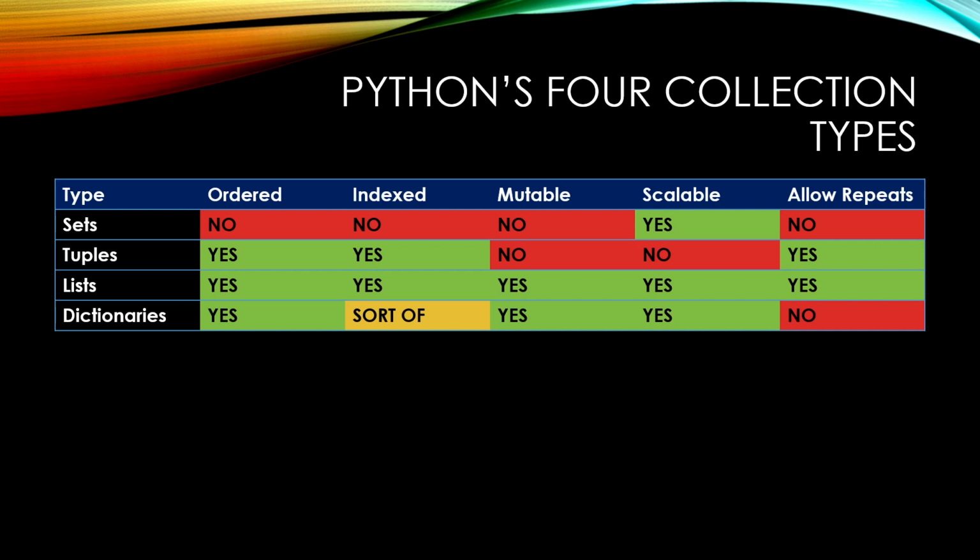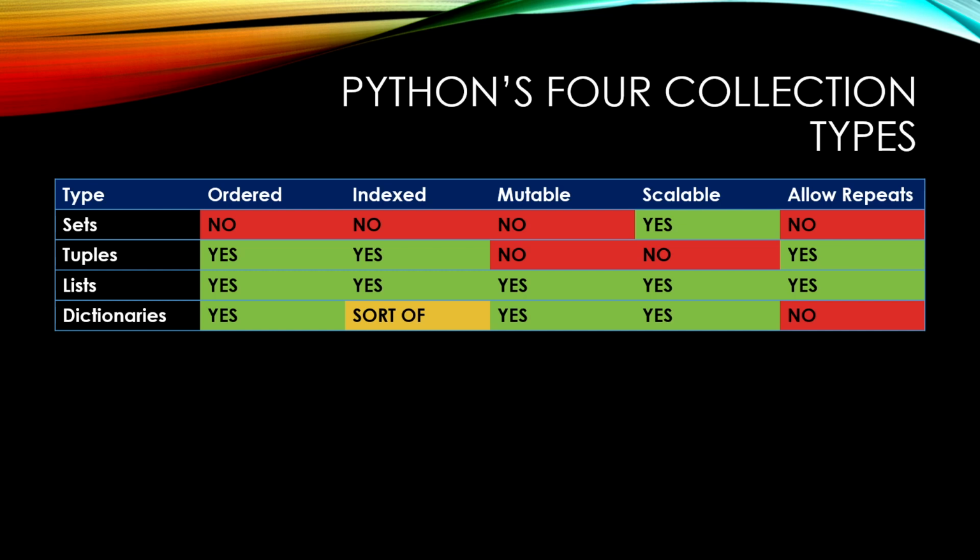Tuples, these are not scalable or mutable. However, they can hold repeats. They are ordered, and we can use bracket notation, the subscript, to reference them. Again, we'll see that. Lists, these are the most common ones you're going to use. These are capable of all of these features.